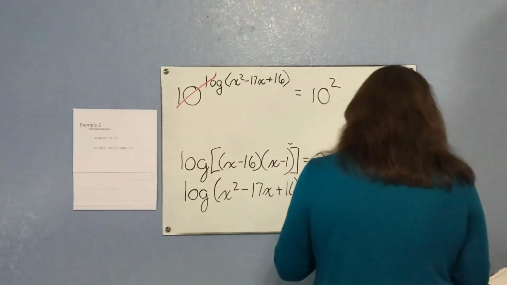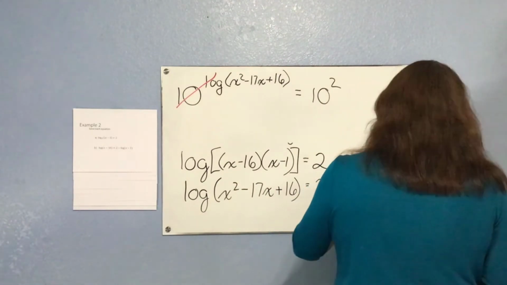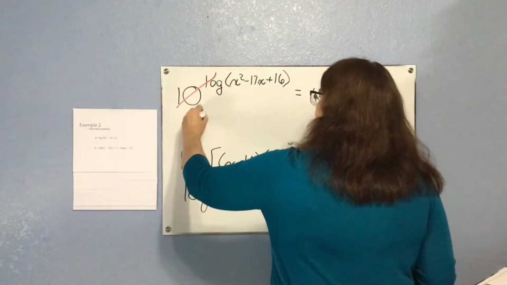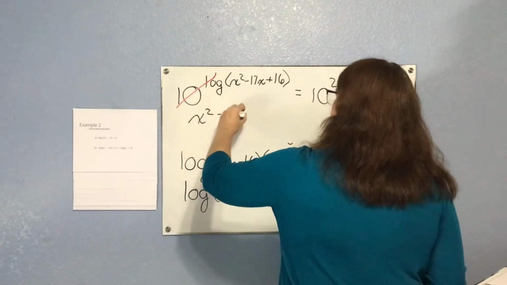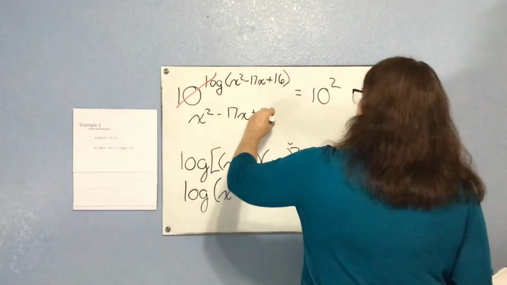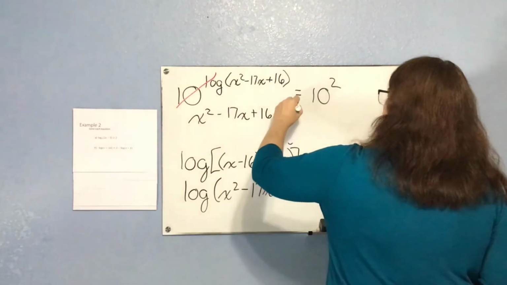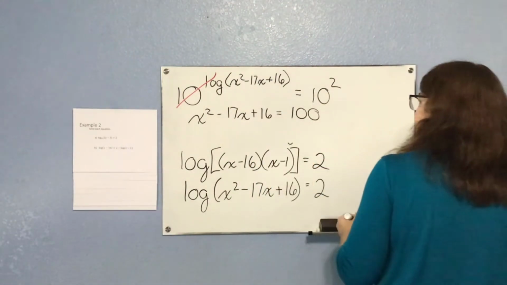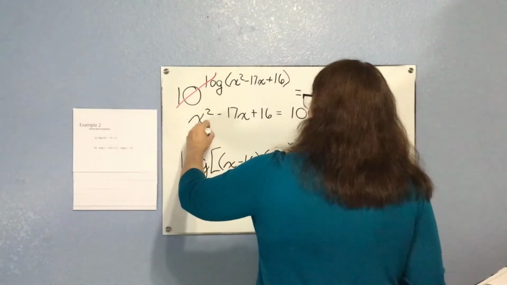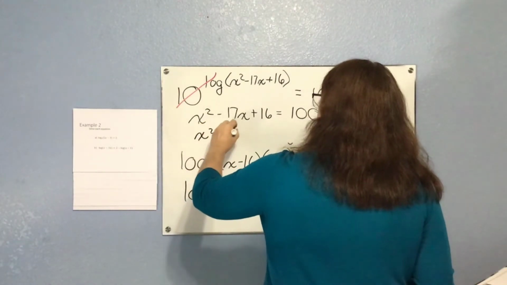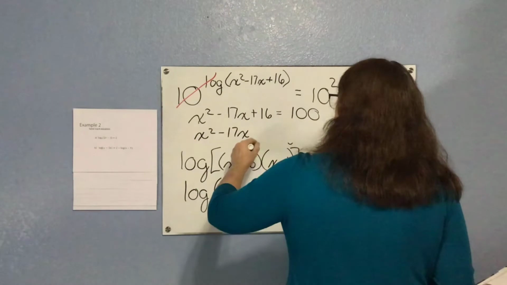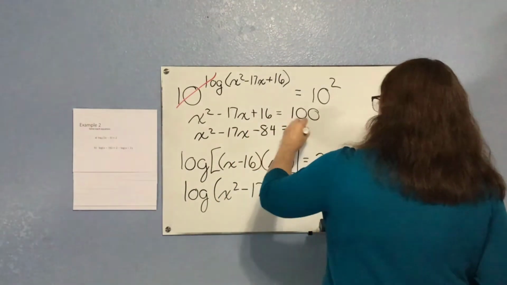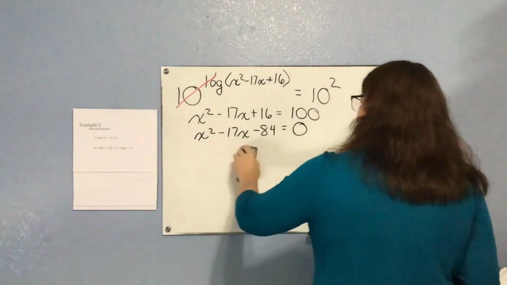So this cancels out. And now I have x squared minus 17x plus 16 equals 100. I move the 100 over here to solve the quadratic equation. So I have x squared minus 17x minus 84 equals 0.